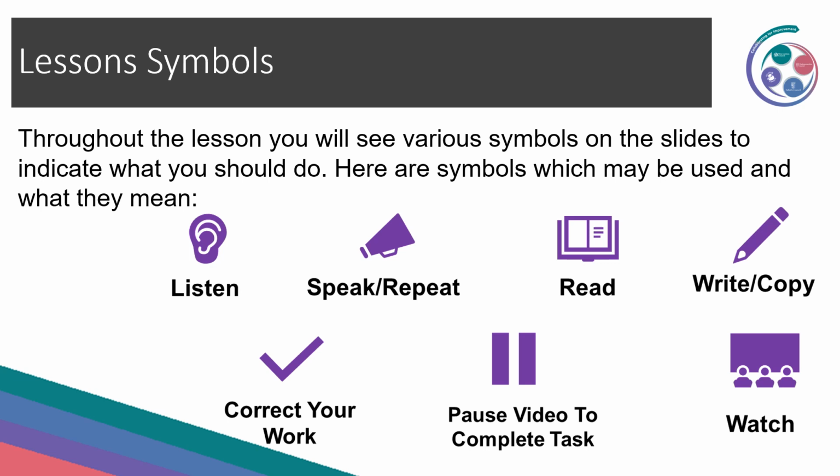Write/copy is to take a note of what is on the slide for your personal notes. The tick is to correct your work after a task. The pause icon is to pause the video to complete the task, and there will usually be an indication of the time allowance for this. And the watch icon is to watch whatever is going on in that particular scene.